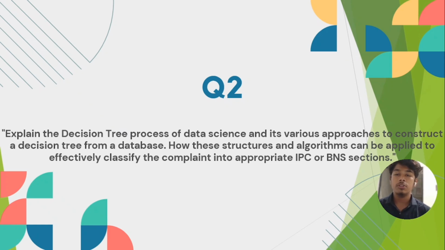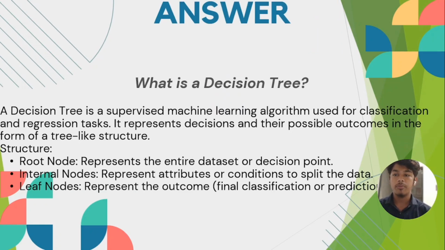Now let's come to question number 2. Explain the decision tree process of data science and its various appropriate approaches to construct a decision tree from a database. How can this structure and algorithms be explained effectively? Classify the complaint into appropriate IPC or BNS sections.